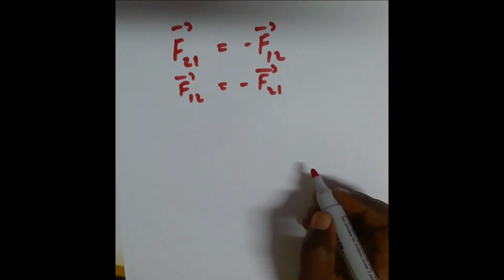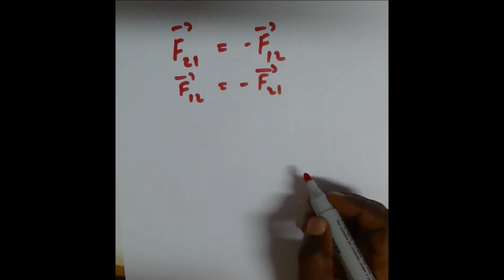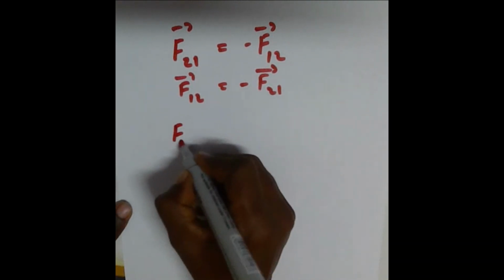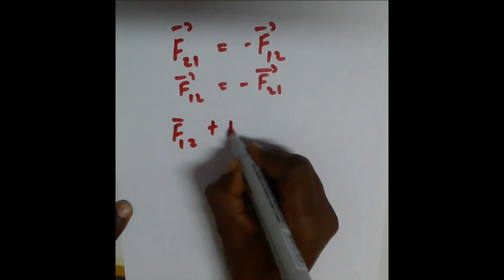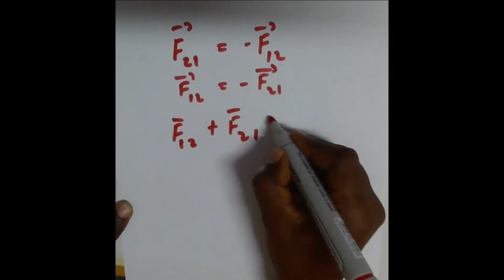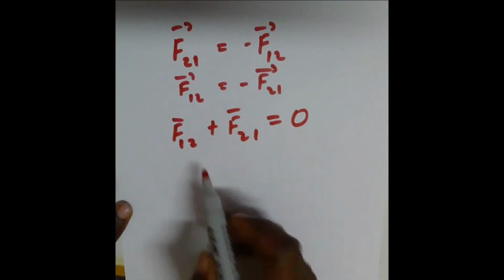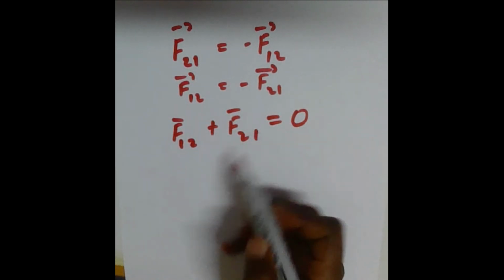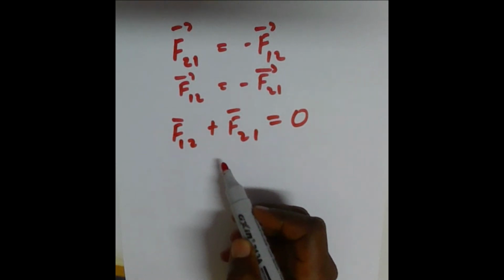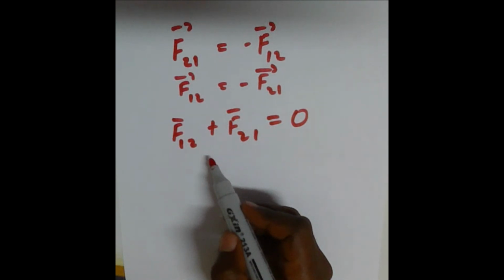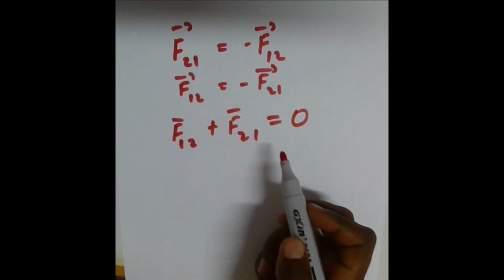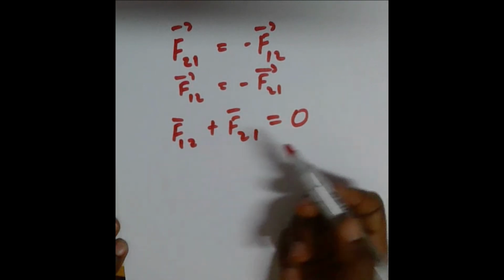It depends upon where the ball is present, considering the x-axis, whether minus x-axis or positive x-axis. From this we can understand that F12 plus F21 is equal to 0. The force applied on mass 2 by mass 1, and the force applied on mass 1 by mass 2, the sum of the two is equal to 0.